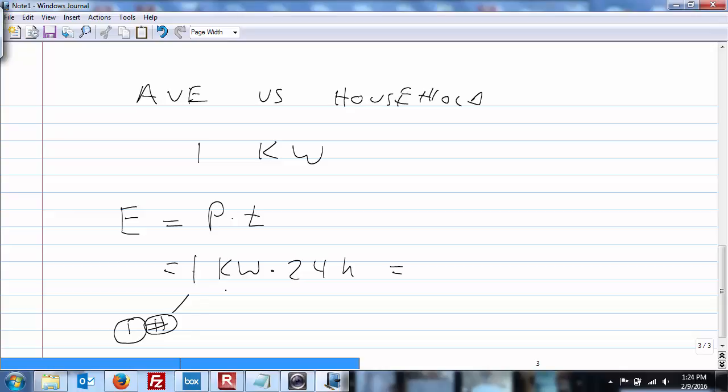This guy right here, that's just the power of 10, and we know that kilo is 10 to the third, so that's the second component, powers of 3. And then the third component is, of course, the unit.